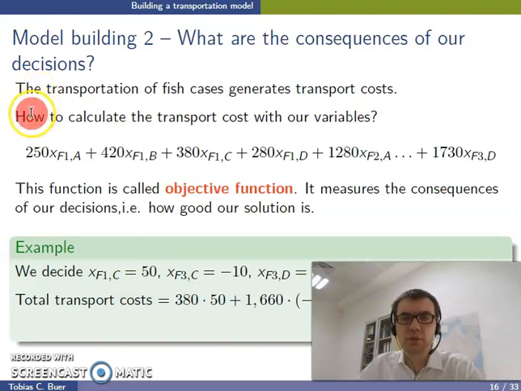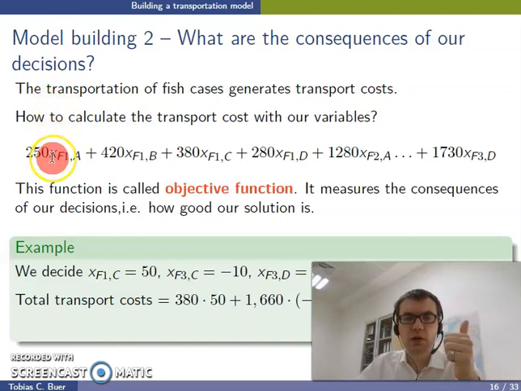And how do we calculate the transportation costs? In this setting, we know the transportation costs between each factory and each customer warehouse, and it depends on the number of cases that we want to transport. The number of cases we want to transport is measured by our decision variables.